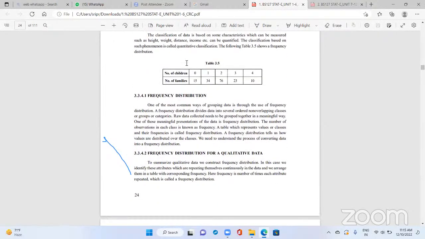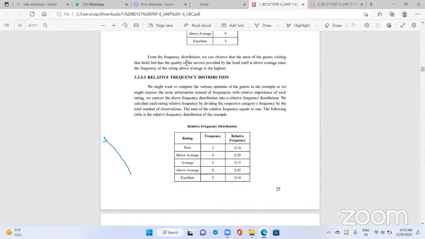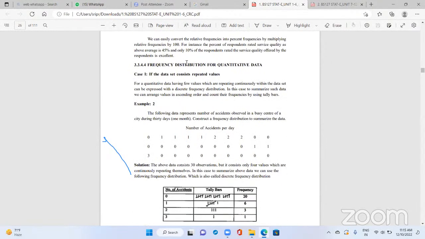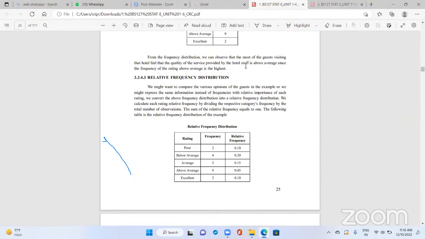This is qualitative. Where is quantitative? I will see the quantitative. I think it is missed in the textbook. See the textbook. Sir, both are there in page number 24 only. 3.3.3 is qualitative data. 3.3.4 quantitative classification. 3.3.4 frequency distribution for quantitative data.